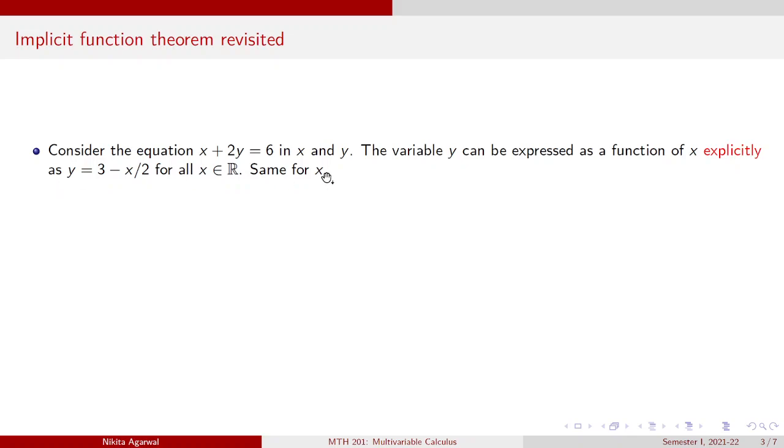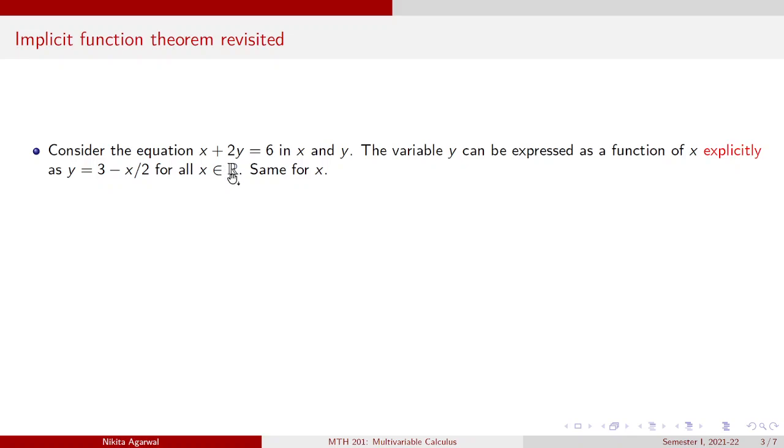Because z is arbitrary. The variable y can be expressed as a function of x explicitly as y equal to 3 minus x by 2 for all x in R, right? And similarly, you can write x as 6 minus 2y for all y in the set of real numbers.